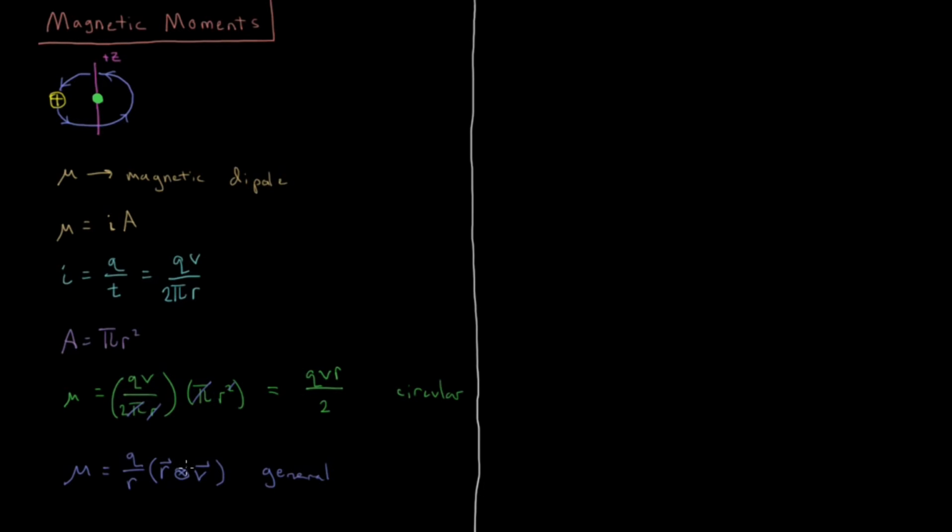And we can break this down further because we know that momentum is equal to mass times velocity. So that means that r cross v is equal to 1 over m times r cross p. So the momentum is m times v, so r cross p is m times r cross v.